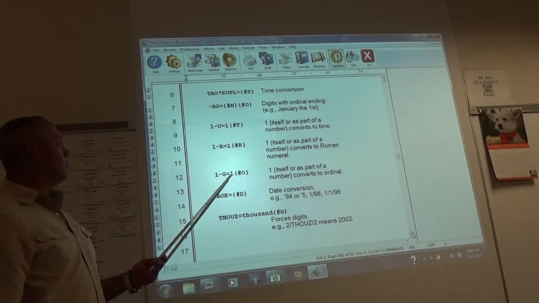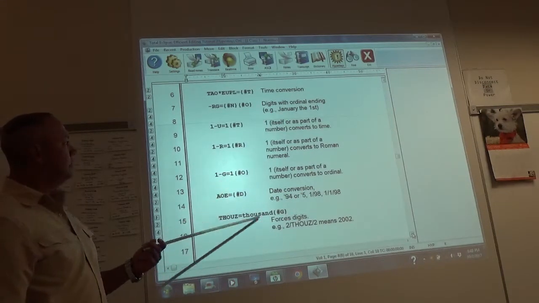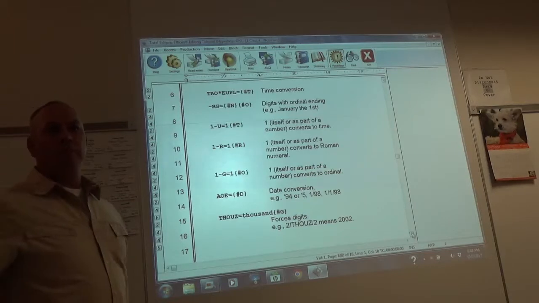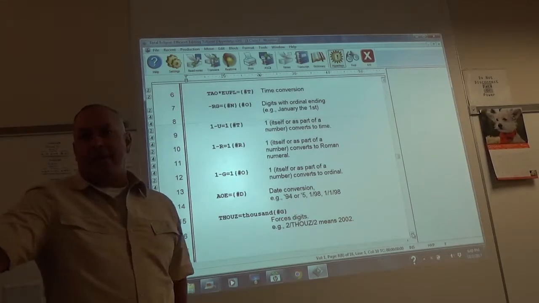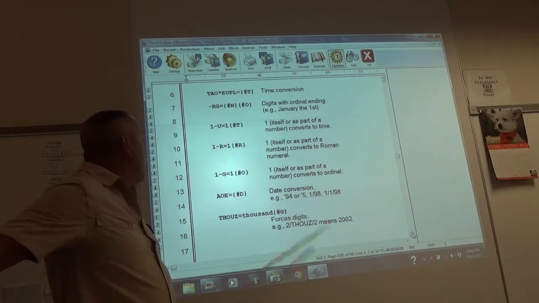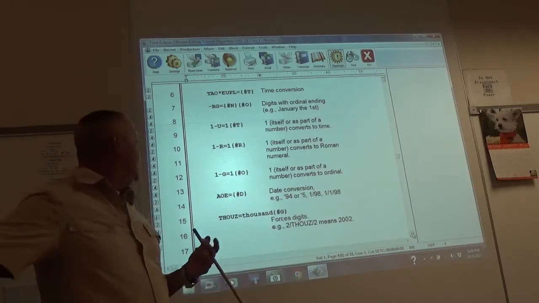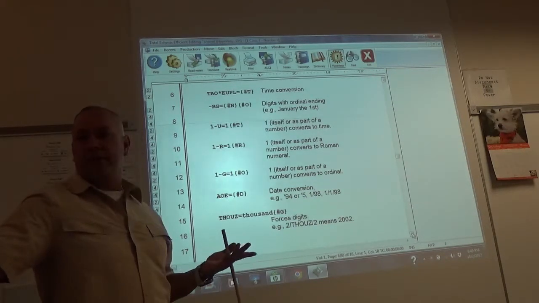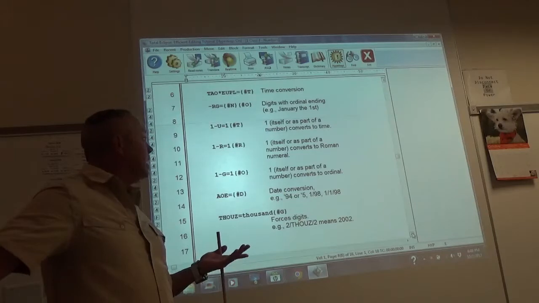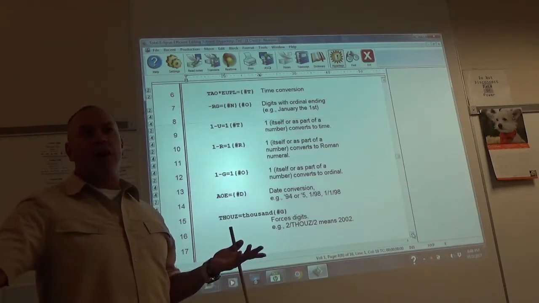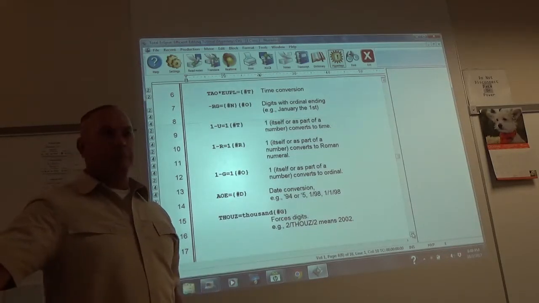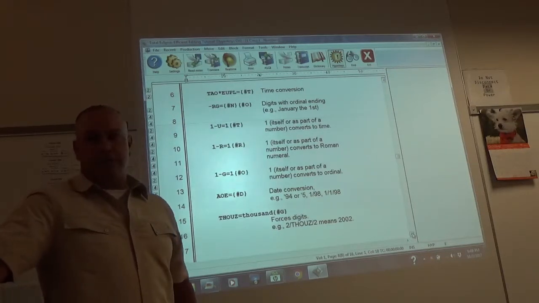Same thing with ordinals. You know, like I said, I use the E. You do whatever you want. If you want to use a G, I'm not sure why they use G. I have no idea. But they use G. I was taught E. 1E, 2E, 3E, 4E, 5E, whatever.